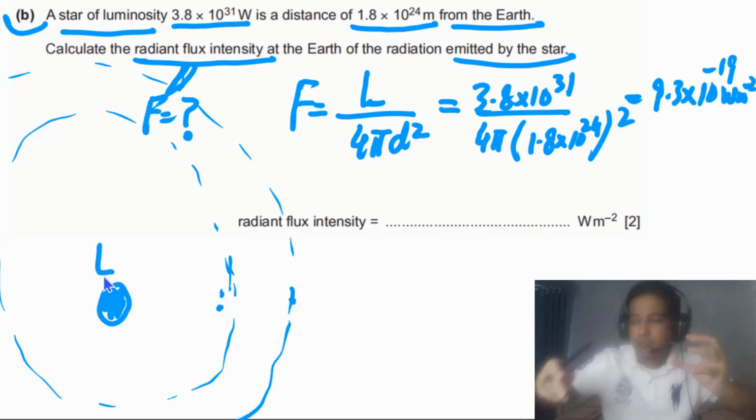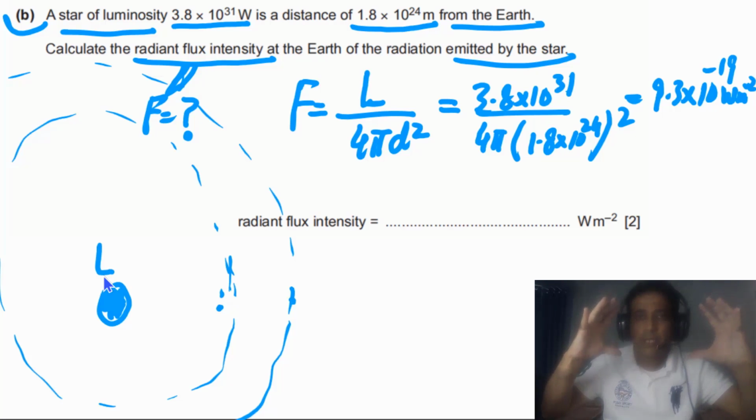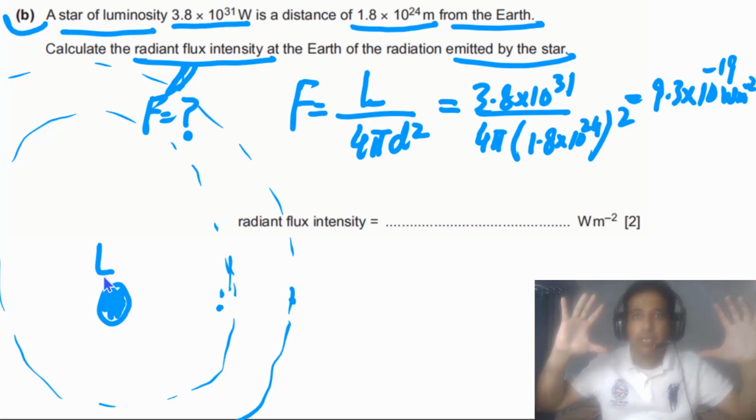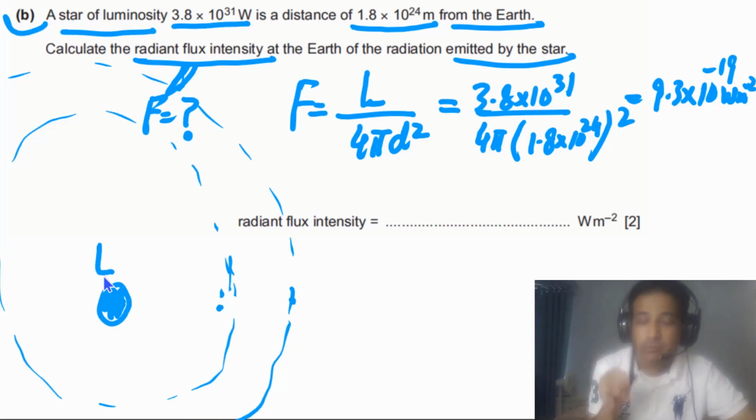You can simply imagine the energy was close in this area, then goes to this one, then to this one. So energy spreads over larger and larger area, and the energy per unit area will go on decreasing as distance increases. So intensity depends on distance, but luminosity does not.